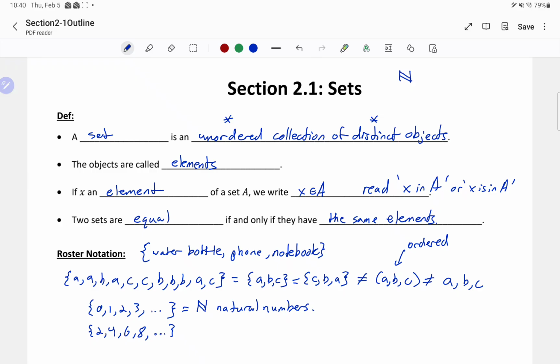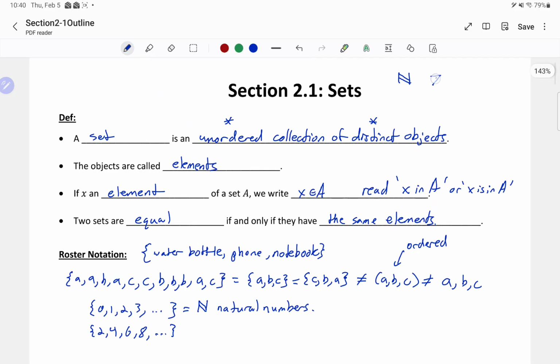That's how I make the N. For my Z, I'll draw a 7 and then kind of an upside down 7. At some point I just decided that's how I was going to draw those.